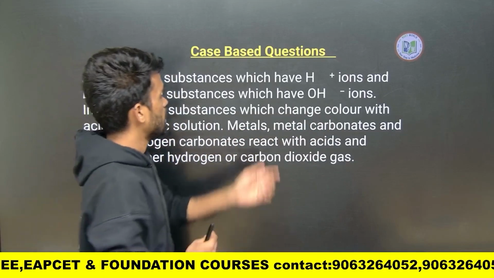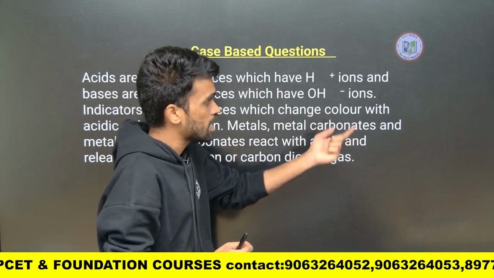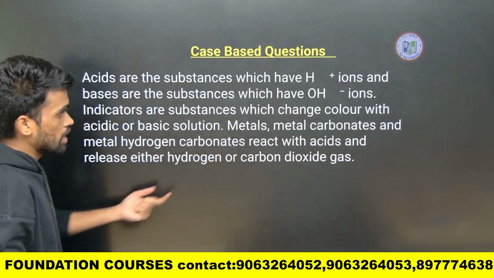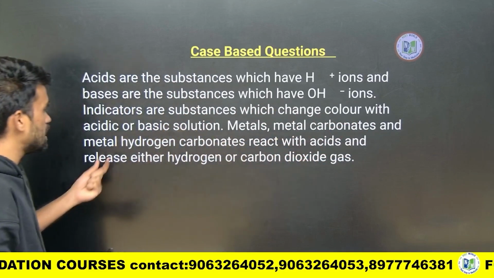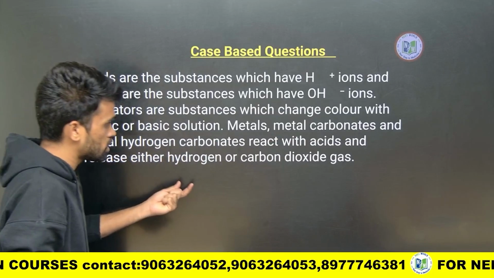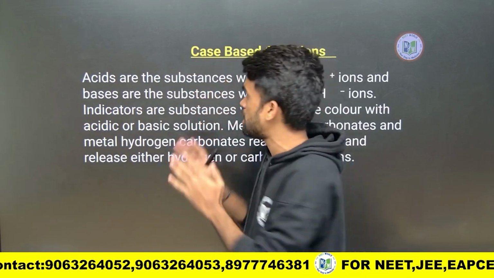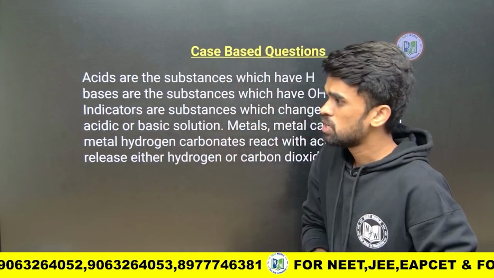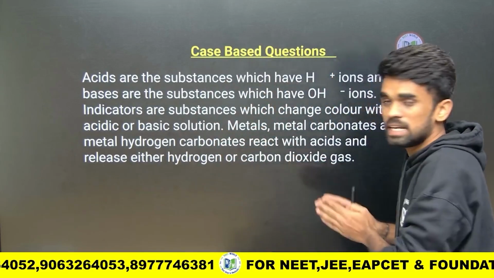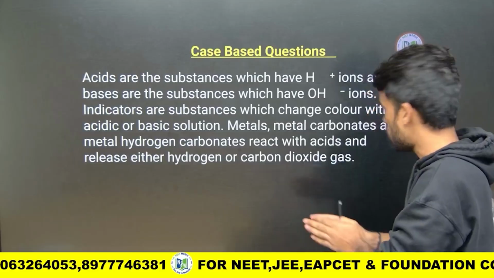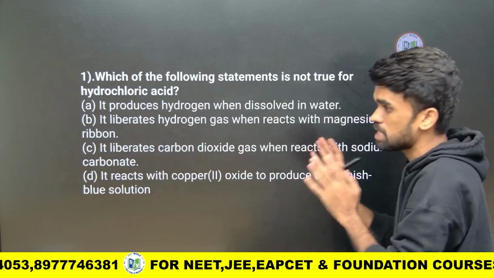Metals, metal carbonates and metal bicarbonates react with acids and release either hydrogen or carbon dioxide gas. So this is the information provided in this paragraph. Now, understanding this paragraph, we need to solve the questions provided here.